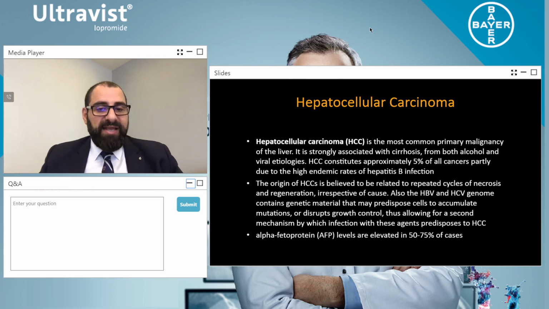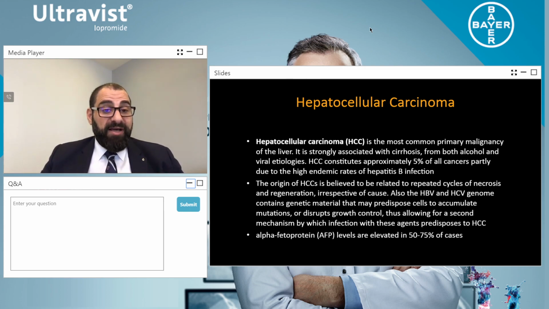The alpha-fetoprotein levels elevate in 50 to 75% of cases. So when you're looking at liver tests, if you have a change in the alpha-fetoproteins by more than 50 to 75% in a short period of time, definitely you have a large aggressive tumor growing in there.